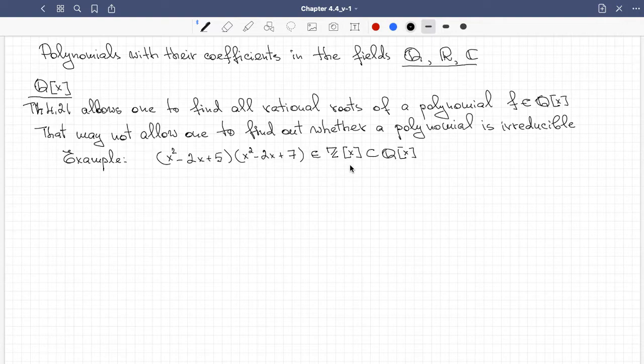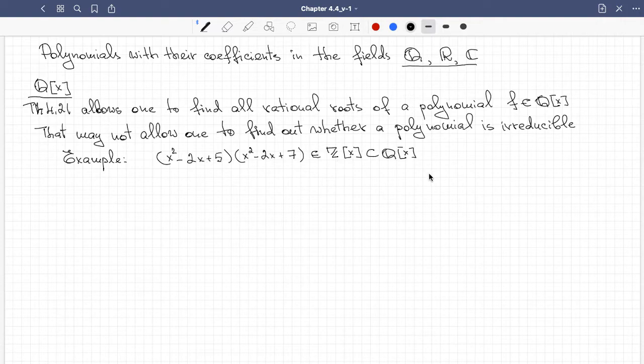You may always clear denominators for a polynomial in Q of x by multiplying by a unit, an element of Q, and make it a polynomial with integral coefficients. That does not influence irreducibility. Both the polynomial with rational and the polynomial with integral coefficients are reducible or irreducible together.